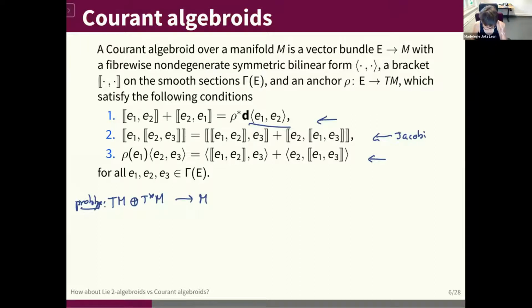That example was studied first by Alan Weinstein and Courant, and independently also by Irene Dorfman in the late 80s, I think, in the context of Hamiltonian systems with constraints. But then that example really became prominent in the area of generalized complex geometry. So it's a very important example. Right, so that's this side of the equivalence, Courant algebroids. We'll see VB-Courant algebroids a little bit later.